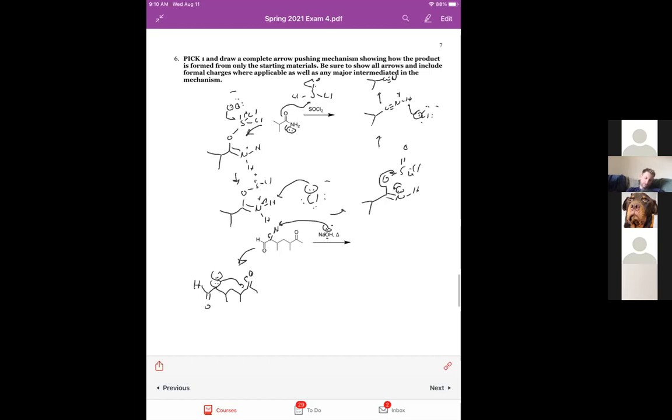We can do an aldol addition first. We're going to make a 1, 2, 3, 4, 5-membered ring.